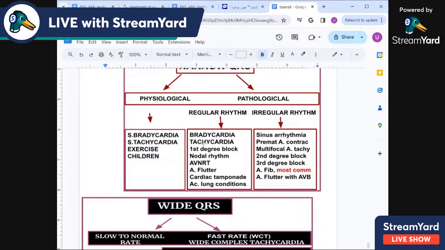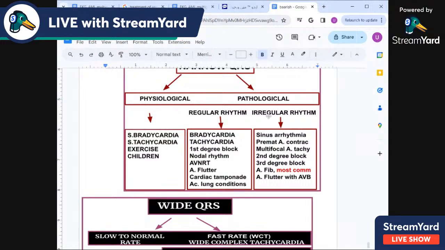Both bradycardia and tachycardia are also included in the narrow pathological regular QRS, and also included in them is the first degree block, the nodal rhythm, AVNRT, atrioventricular nodal reentrant tachycardia, atrial flutter, cardiac tamponade, and acute lung conditions. These are the conditions that cause narrow regular QRS rhythm.